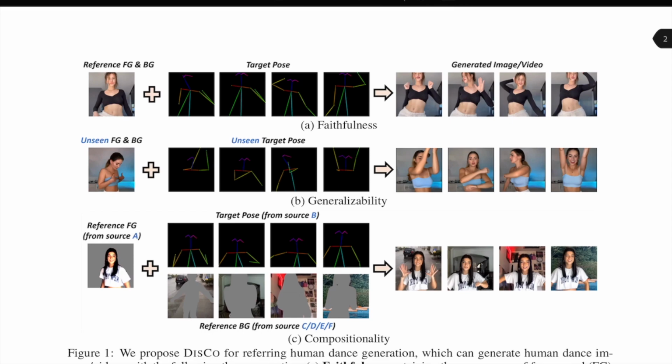The last one is compositionality. In this case, we have a reference image here from source A, and you see we have cut out the background. So this is a single individual. It's going to be our foreground character. Then for each frame, in this case, you're putting in a different background here. You can see each is different, and a different pose.